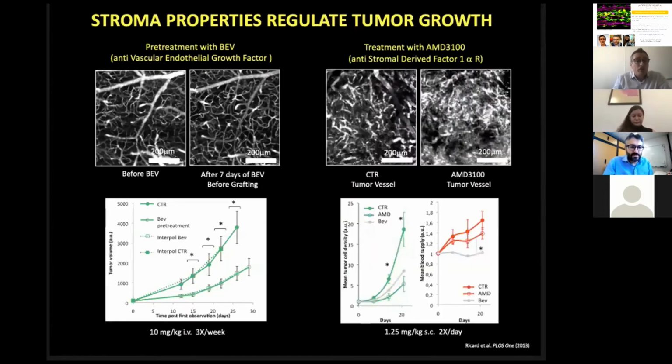As a second evidence that stroma properties are the most important, we then used a pharmacological drug to block the stromal-derived factor 1 receptor. And although this drug was only mildly impeding the vascularization, we had a decline of tumor proliferation that was even better than with bevacizumab.